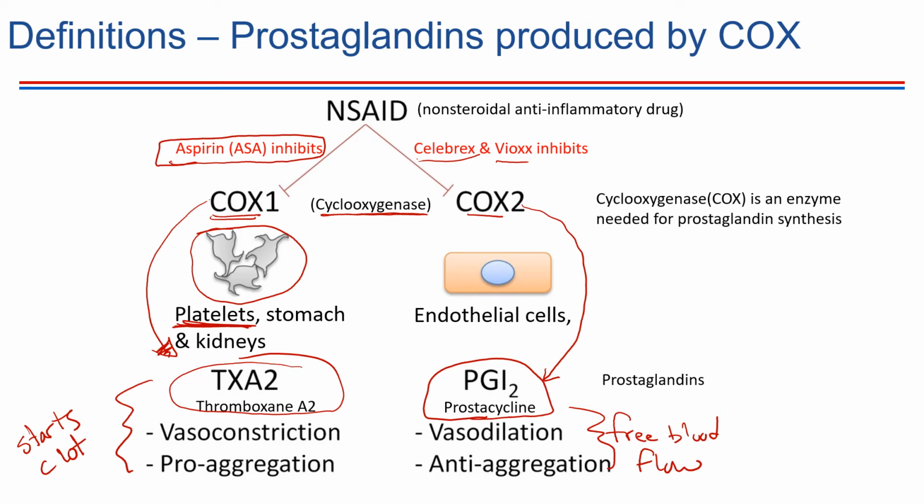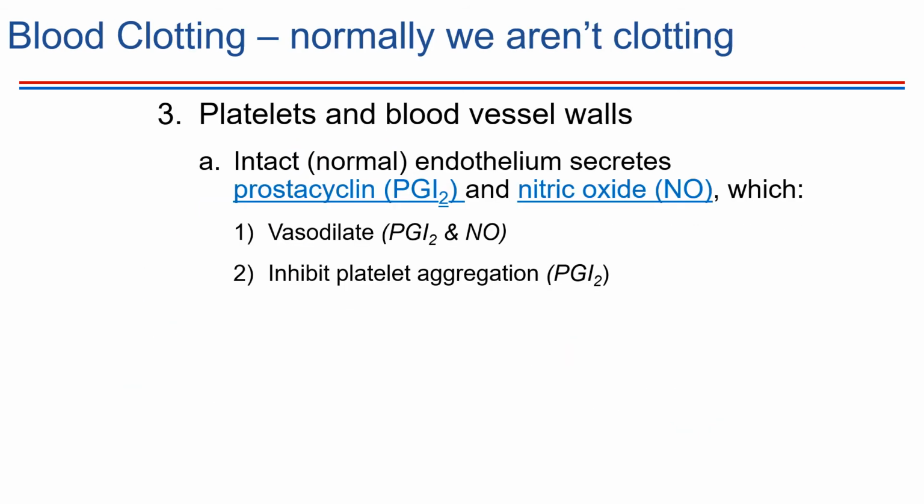So they shut down Celebrex and Vioxx for a while until they could make some modifications there. So that's a little tidbit on how our COX-1 and COX-2 are involved in making these prostaglandins.